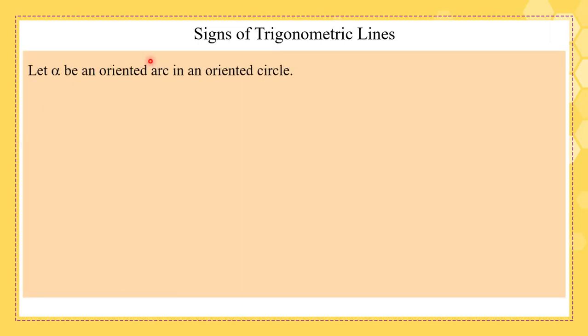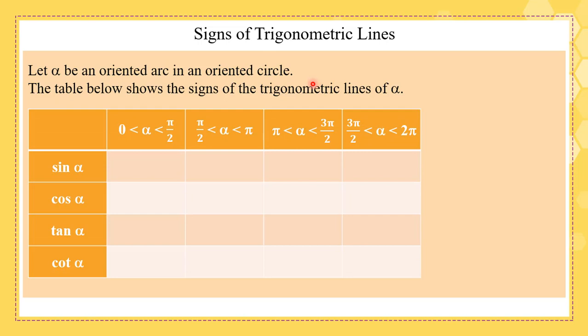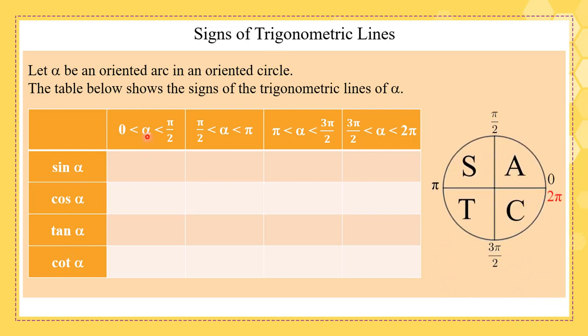Alpha is an oriented arc in an oriented circle, and the table below shows the signs of the trigonometric lines. So we have sine alpha, cosine alpha, tangent alpha, and cotangent alpha. And we have four quadrants, which are the first, the second, the third, and the fourth quadrants.